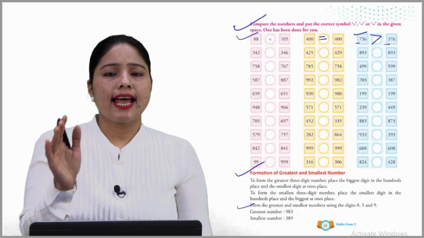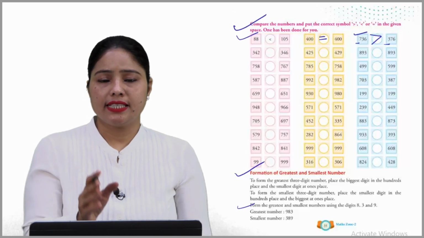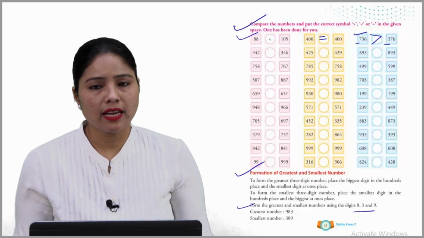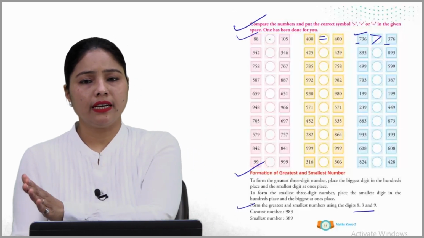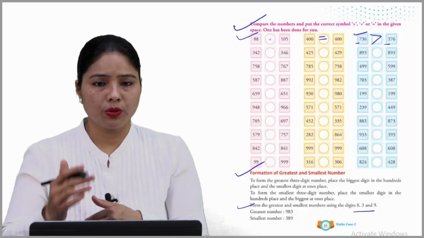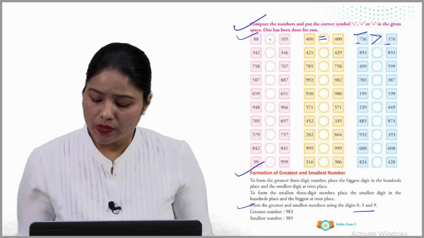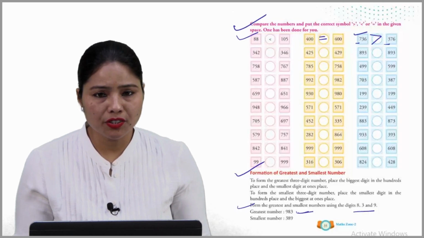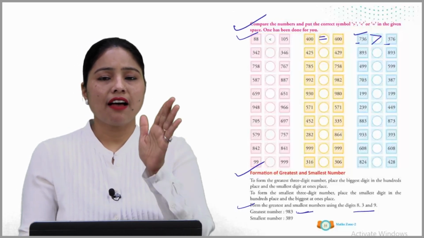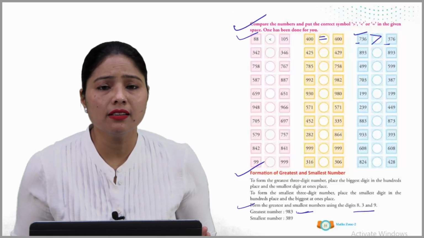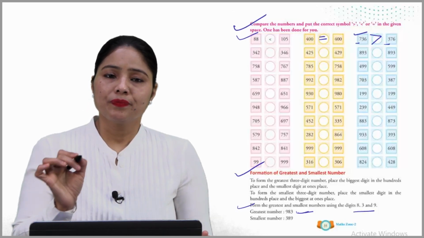Form the greatest and smallest number using the digits 8, 3 and 9. The greatest is 9, after that 8 and then 3. So we get 983 as our greatest number.